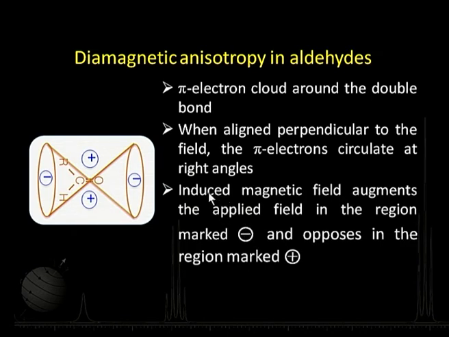The induced magnetic field is such that in the region marked as negative here, it is adding to the field, whereas in this region it is opposing the field. So this proton, which is very characteristic of aldehydes, is in the region which is being deshielded. As a consequence, it comes to resonance at a very high delta value of about 9 to 10, with 9.2 being a most typical value for aldehydes.